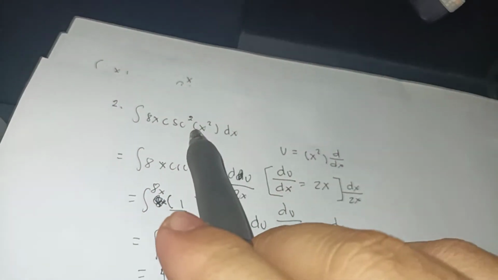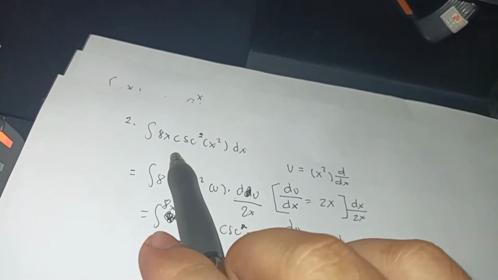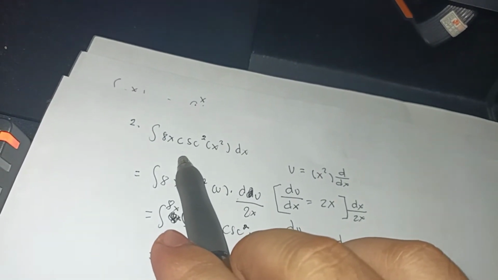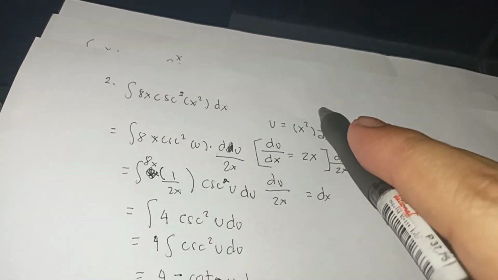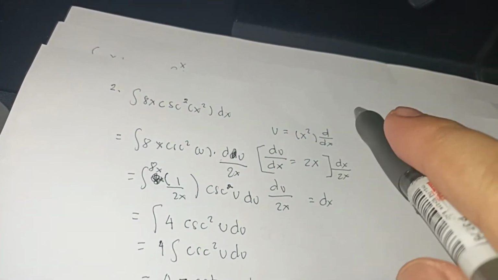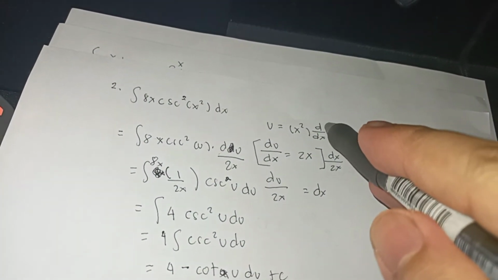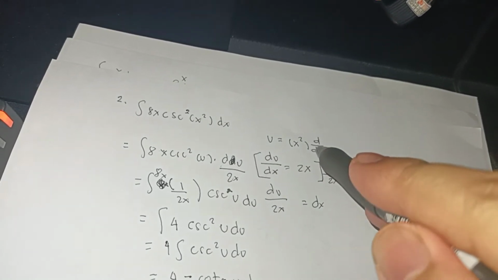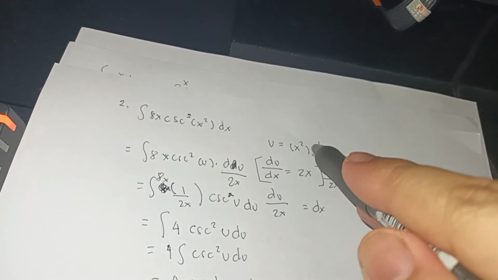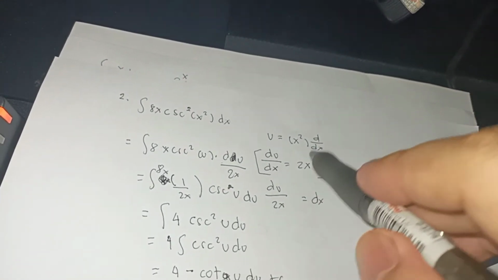Good day. So here is the second problem, trigonometric function: the integral of 8x cosecant squared x squared dx. First we're going to get the u, which is x squared, and then instead of dx we have to replace it. We take the derivative with respect to u: du over dx is equal to 2x.